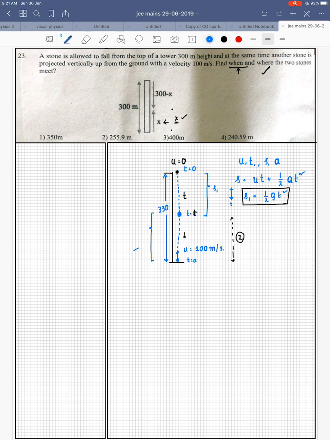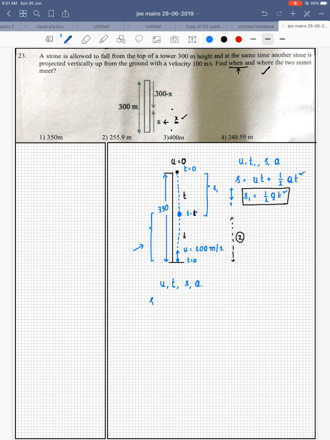Similarly, for this motion, again u is known here, that is vertically upwards 100 meter per second. You have t, because two motions have something common, try to include that in your equations. And you have s and you have a.